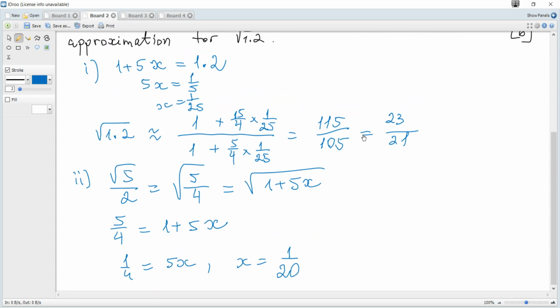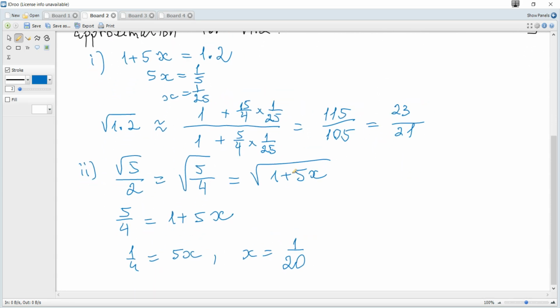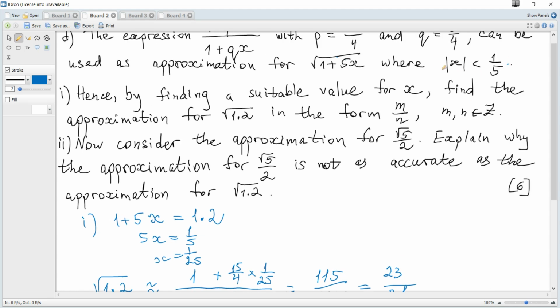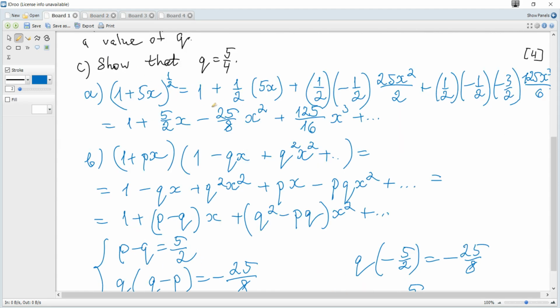And I repeat, in general, if you need the approximate value of something, first of all, you should check that this expansion is valid, and in general, we just use this and substitute the corresponding value for x and just calculate.